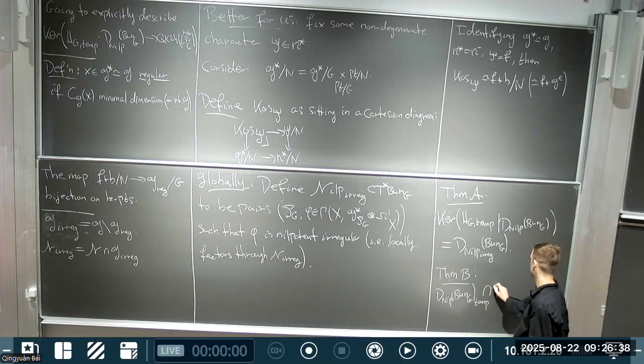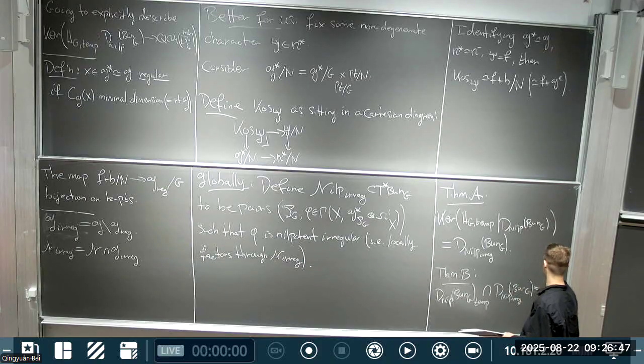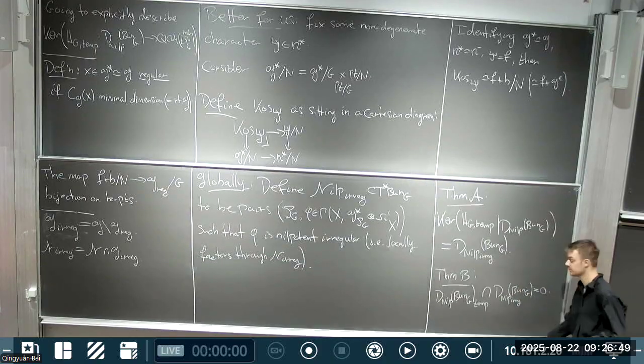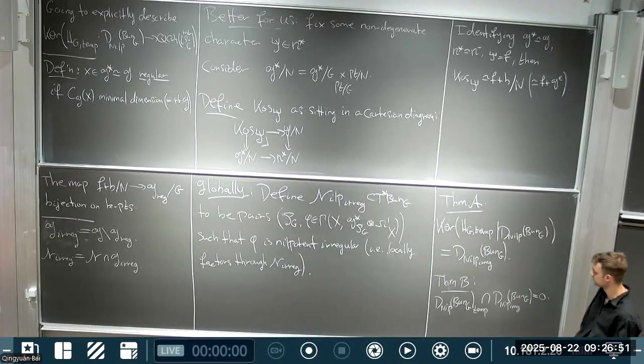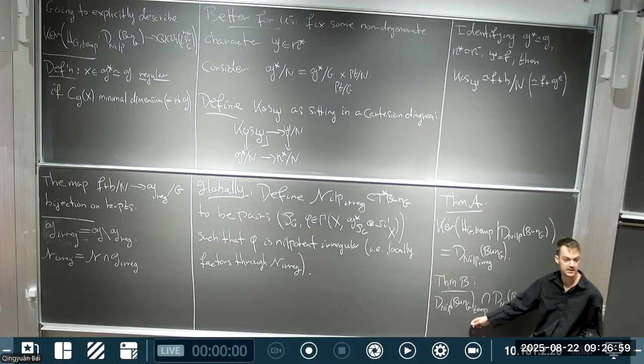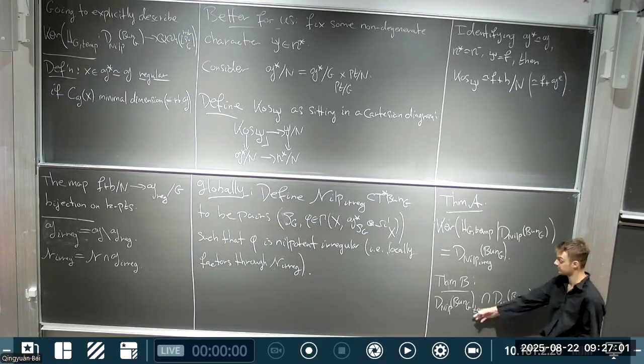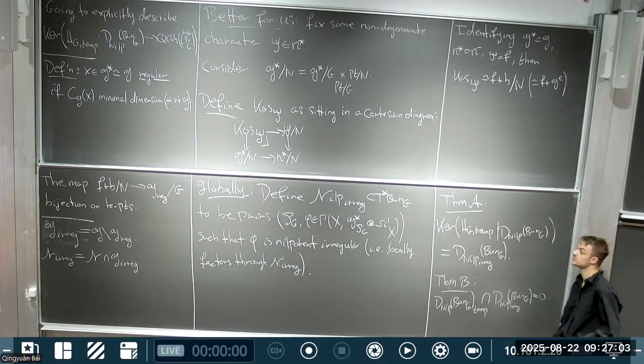So we need to show that when you intersect with the irregular locus, you get 0. In fact, we prove something stronger: this is really right orthogonal to this thing, not just that its intersection is 0.